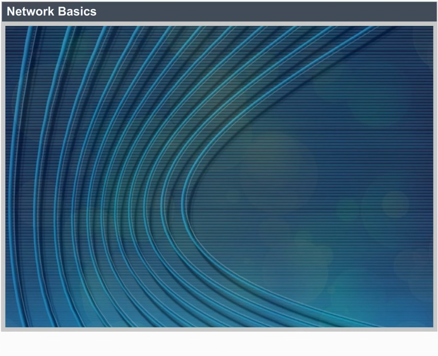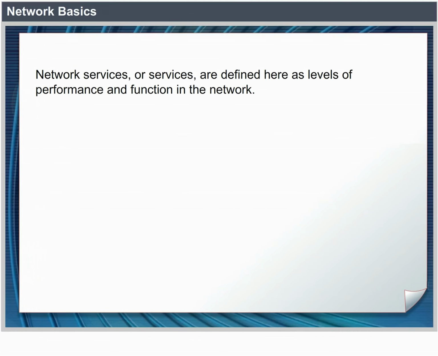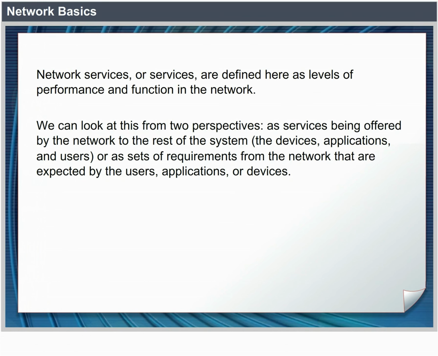Network basics. Network services, or services, are defined here as levels of performance and function in the network. We can look at this from two perspectives: as services being offered by the network to the rest of the system, the devices, applications and users, or as sets of requirements from the network that are expected by the users, applications or devices.